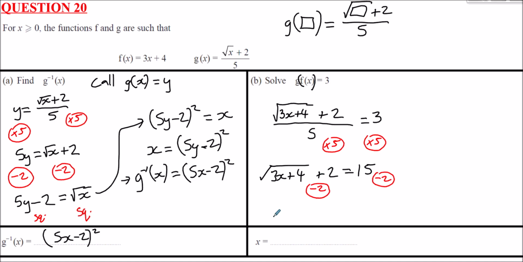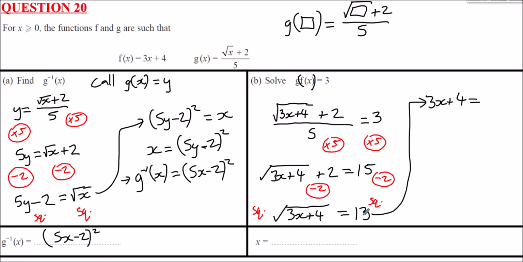That then gives us that the square root of 3x plus 4 equals 15, take away 2, which is 13. Now to get rid of a square root, I can square both sides. So if I square the square root of 3x plus 4, I'll just get 3x plus 4 back. And then 13 times 13, 13 squared, is 169.